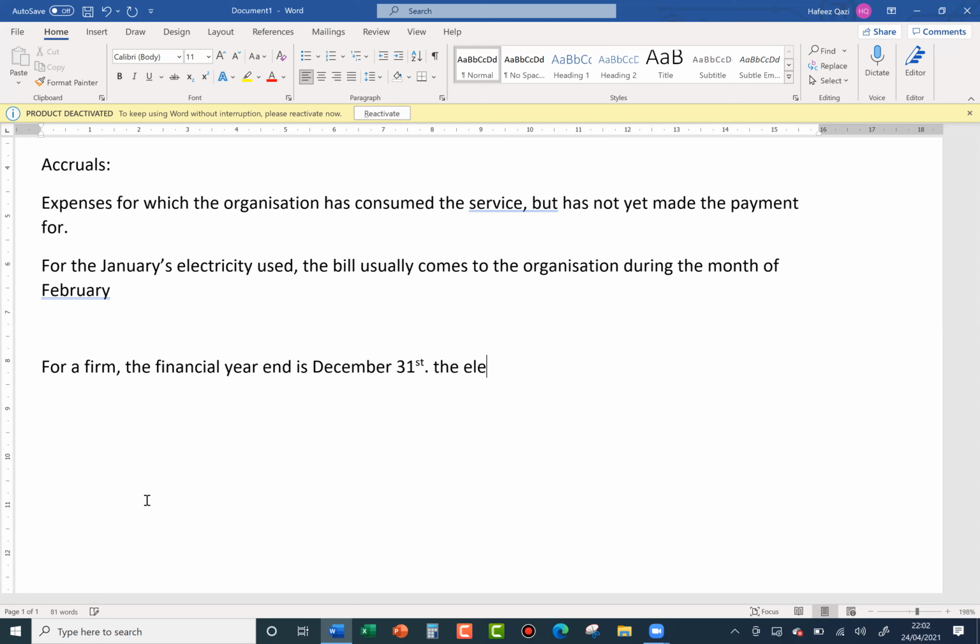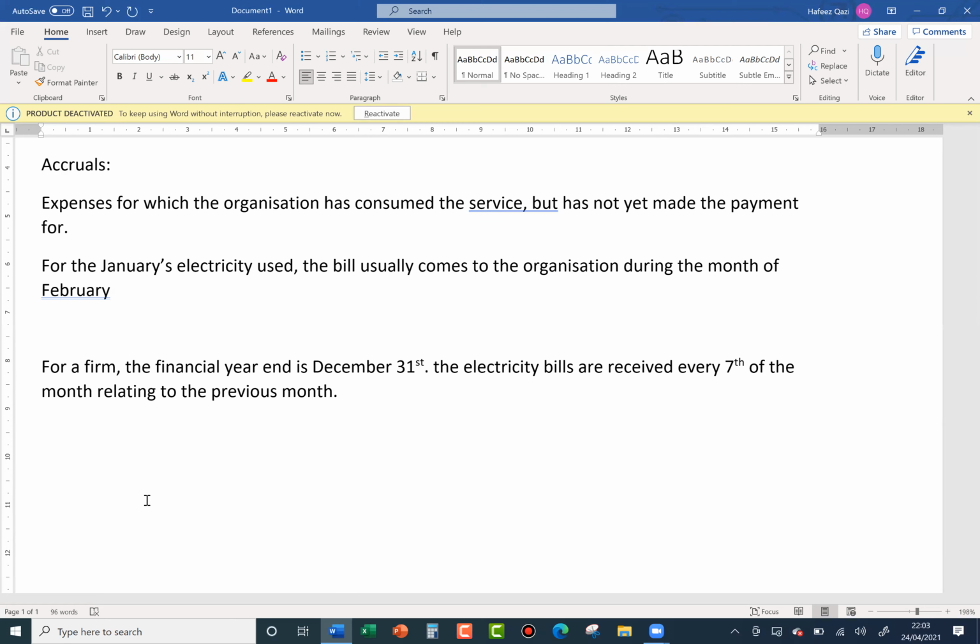The electricity bills are received every, let's suppose, 7th of the month relating to the previous month.